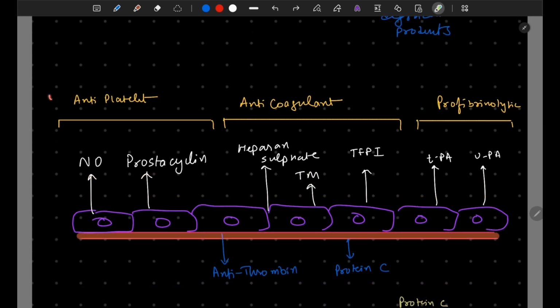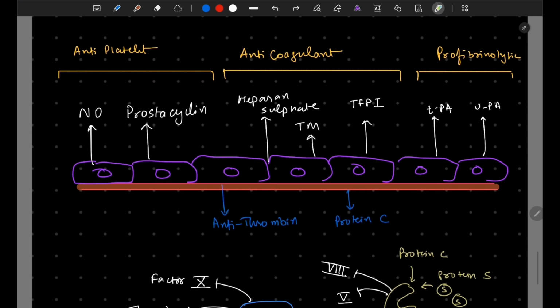So now we will look at the antiplatelet, anticoagulant and profibrinolytic pathways. The endothelium releases nitric oxide, and also prostacyclin. These two lead to an anti-platelet effect.